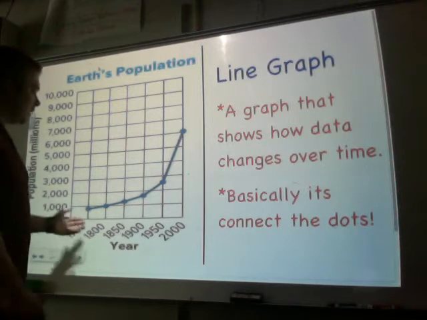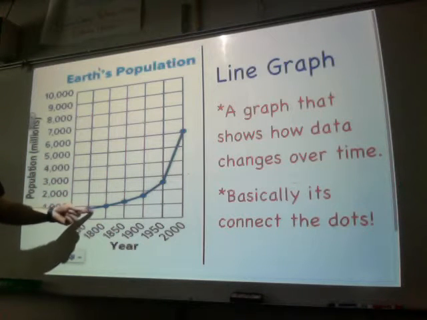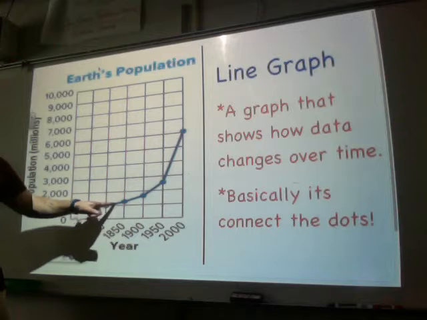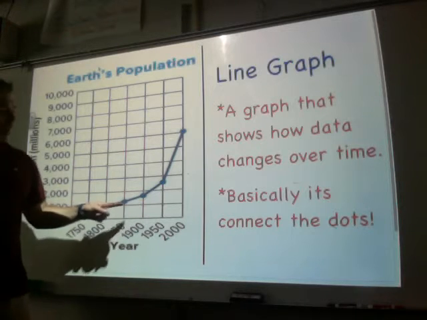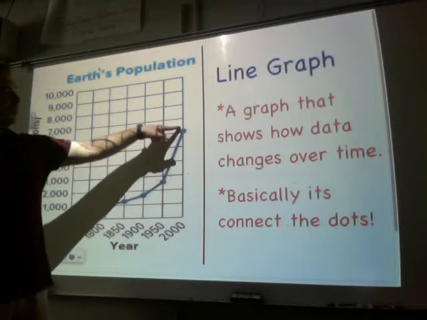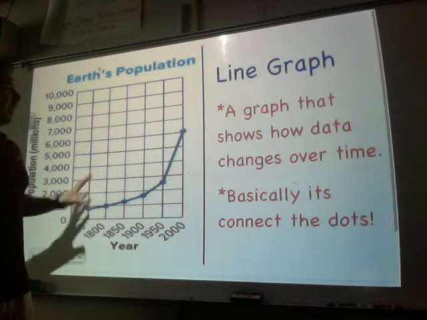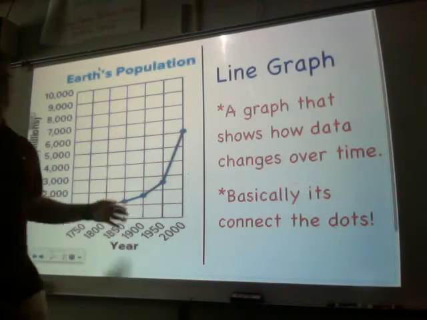What's great about line graphs is you can see over time the Earth's population was steadily growing, and then growing faster. And from 1950 to 2000, our population has really started to grow quickly. So line graphs can show you that sort of thing.